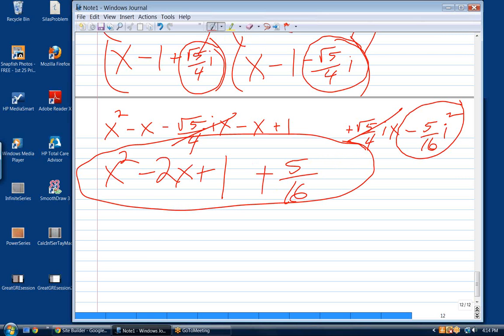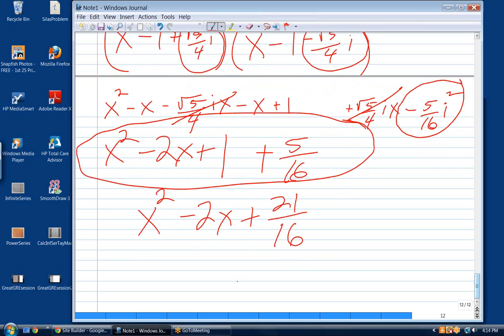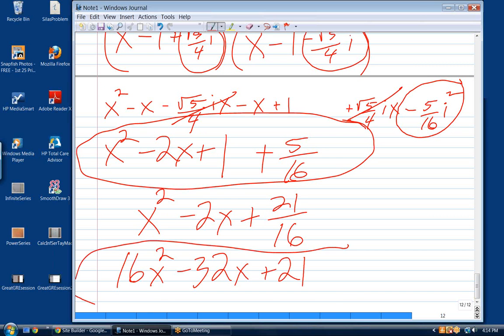So our final answer should be x squared minus 2x plus 21/16. Now, they may multiply everything by 16 so that they come up with this. I'm guessing this is going to be their answer, just to get rid of the fraction.